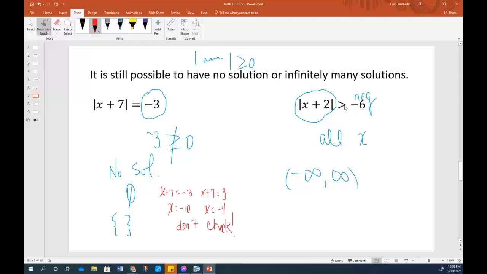If you graphed this one, you have an arrow headed to the right and another arrow headed to the left, but since it's an or, that ends up being the entire thing. If you have an or and they overlap, it gives you the entire response. So you could have no solution or infinitely many solutions there.